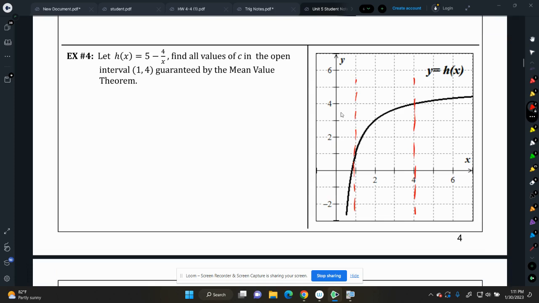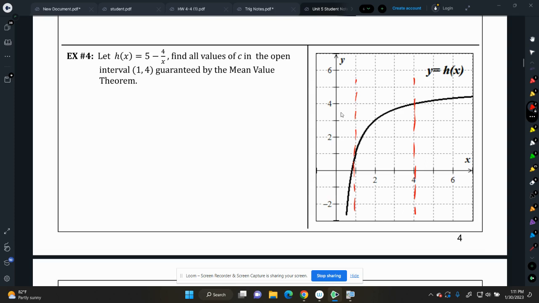Tell me again what the mean value theorem says. Right. There's some place in between on this interval where the instantaneous rate of change will be equal to the average rate of change. There's got to be some place in there.